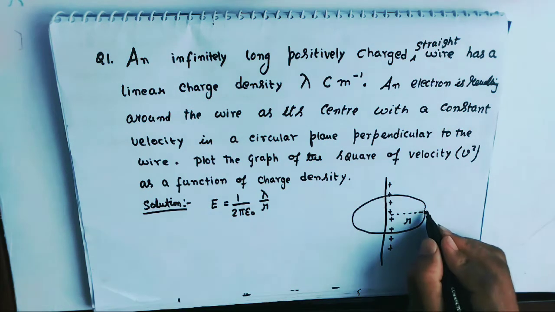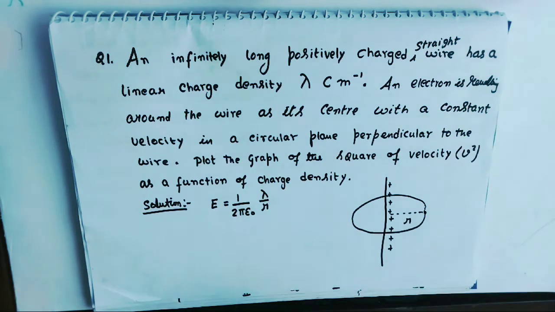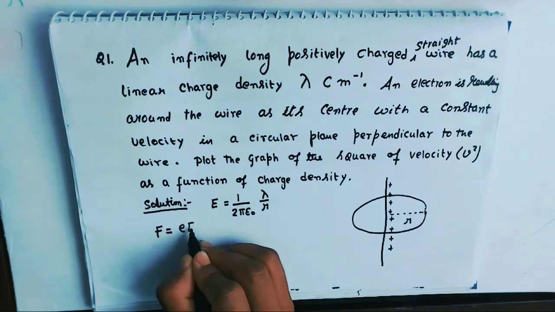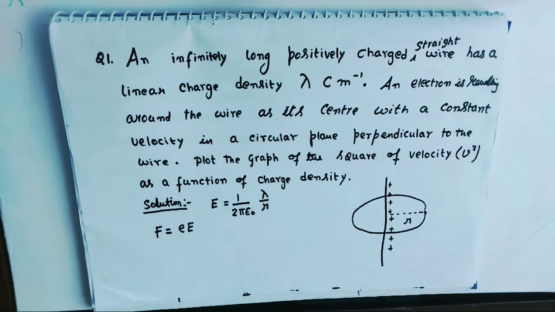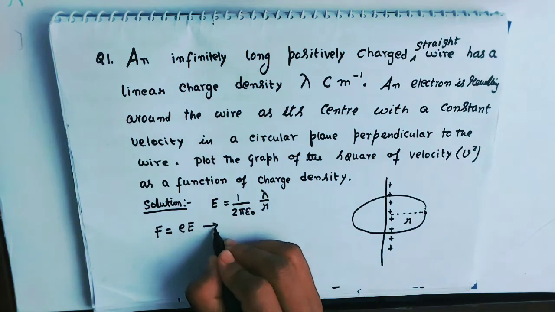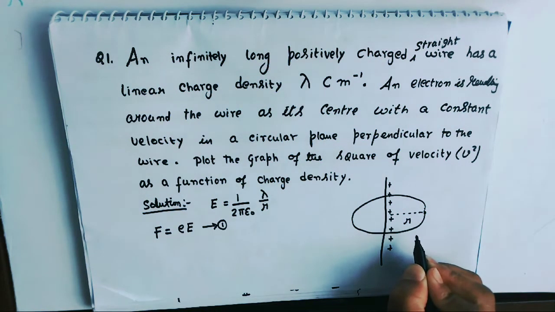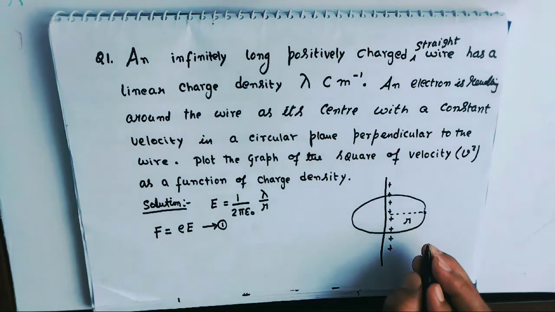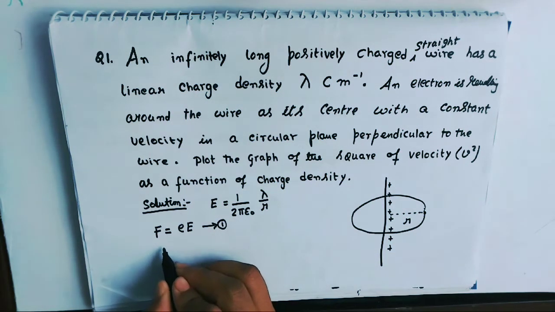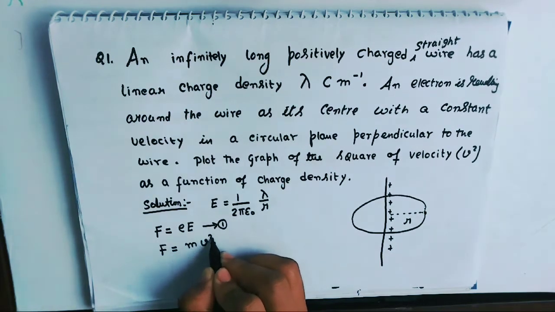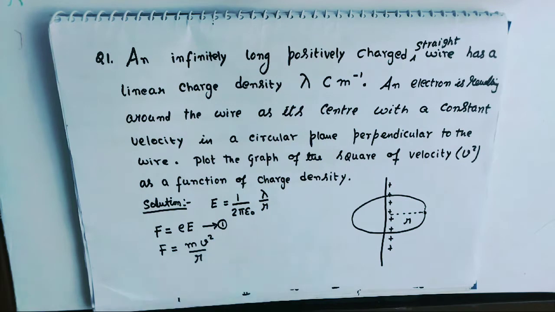Then this electron will experience an electrostatic force F equal to eE. This is the magnitude. Since this electron is revolving, it provides the necessary centripetal force, and the centripetal force F is equal to mv square divided by r.